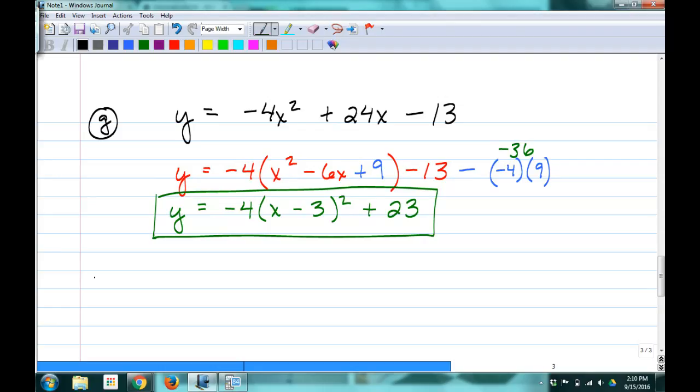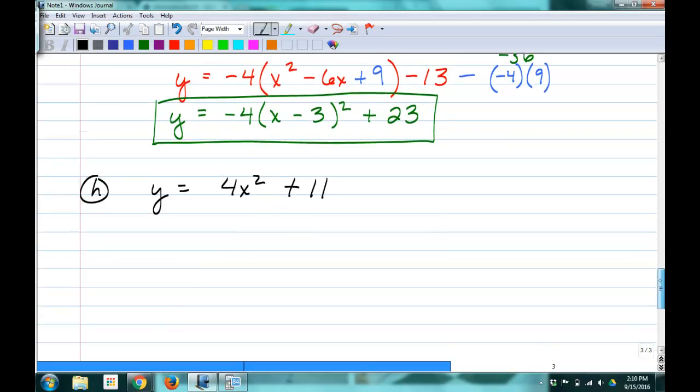Let's do one more. Four x squared plus 11. I want to really write that in vertex form.